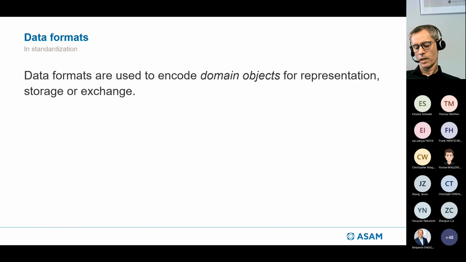For example, a scenario. For example, an action in a scenario. For example, a measurement value in an MDF file. These are typical domain objects, and to share these domain objects, data formats are used.